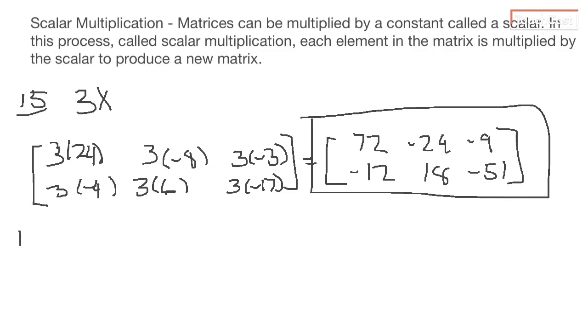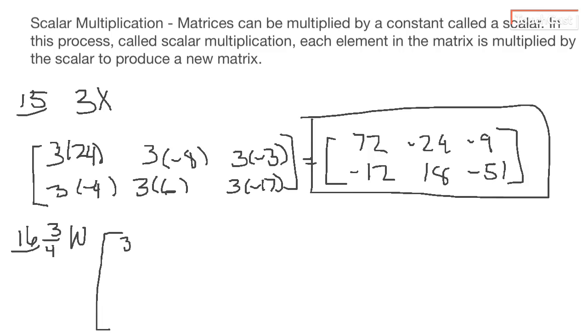So 16, we're going to take 3/4 and multiply it by matrix W. So what that means is we're going to take each element in W and multiply it by 3/4.